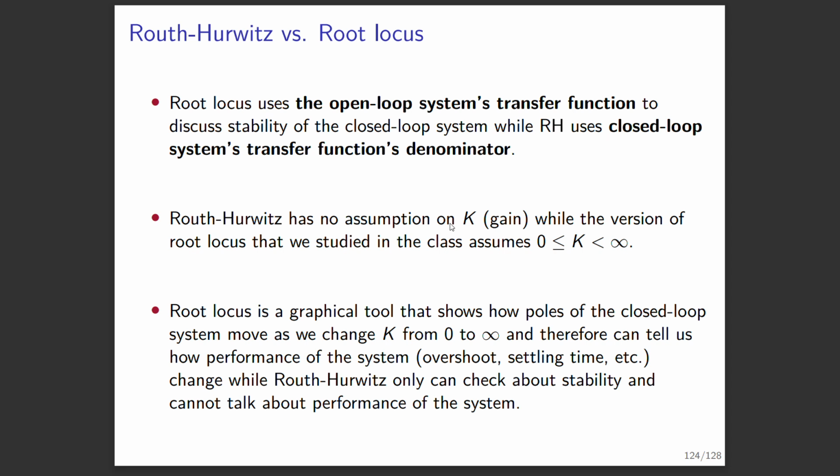Routh-Hurwitz has no assumption on k or gain. It can be anything, but Root-Locus is limited, the way we taught it in this course, to k being between 0 and infinity. Root-Locus is a graphical tool and shows how poles of the closed loop system move as we change k. But Routh-Hurwitz can only check stability, cannot talk about performance of the system.